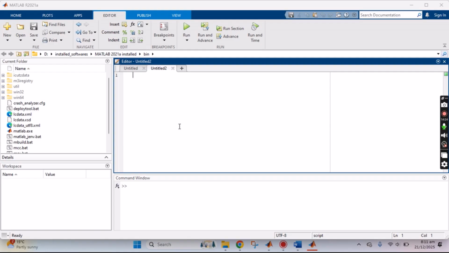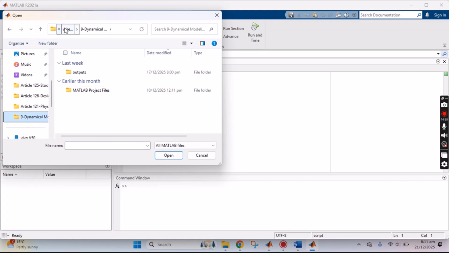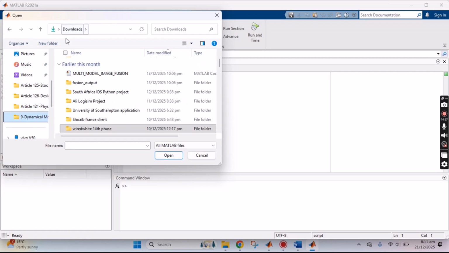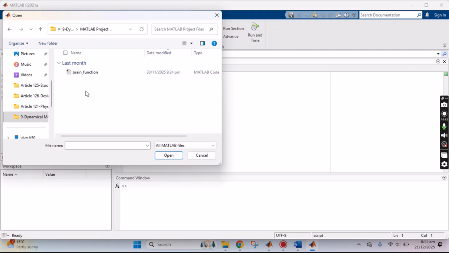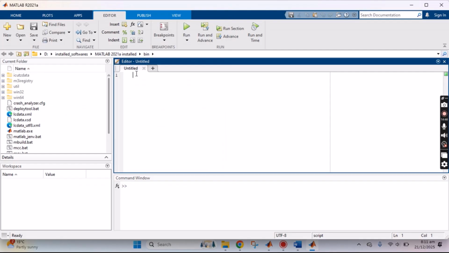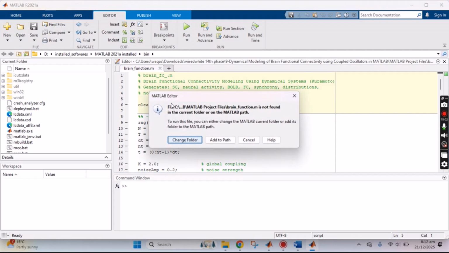Our MATLAB is in running condition right now. Let me open the MATLAB code, dynamic modeling behavior of brain function. Okay, let's run it again.